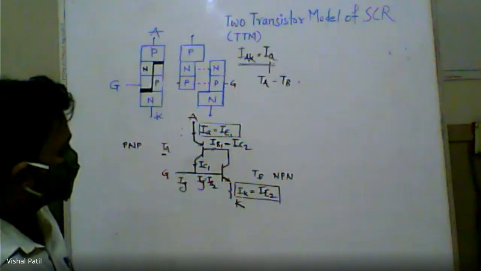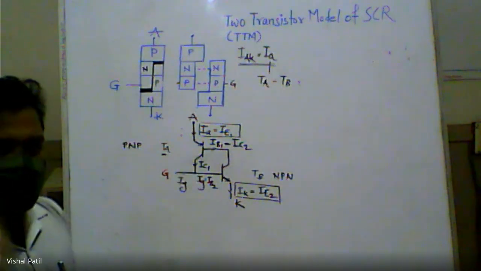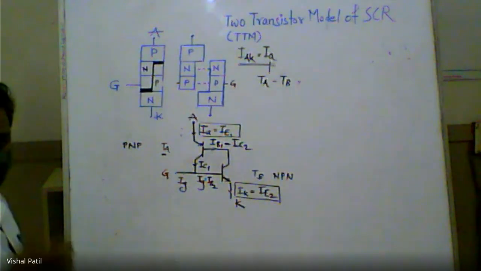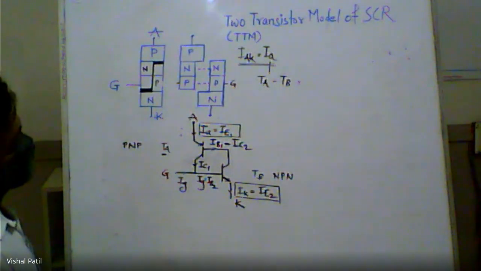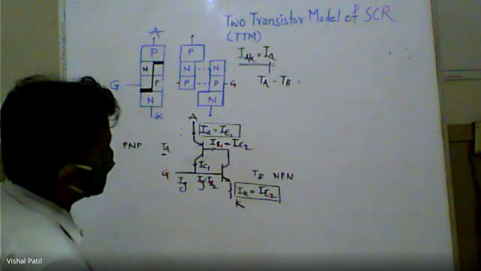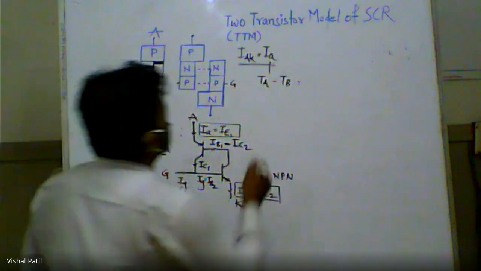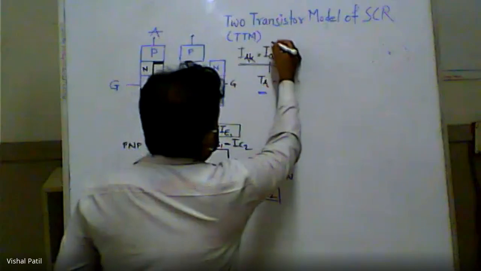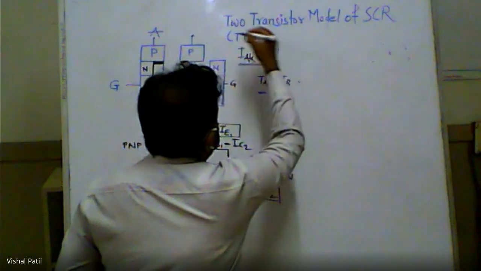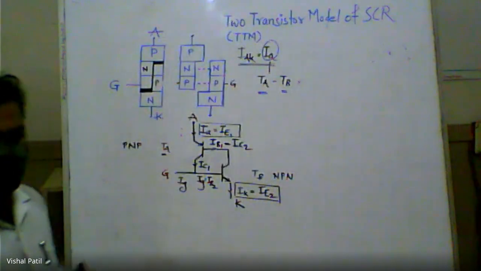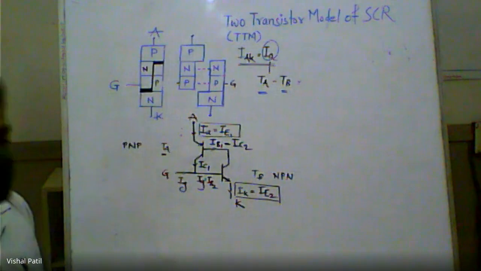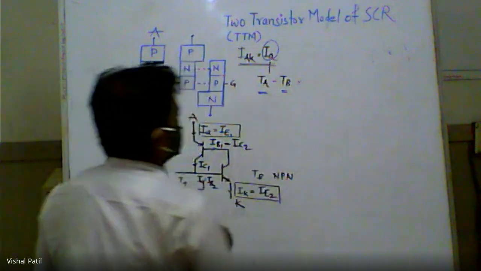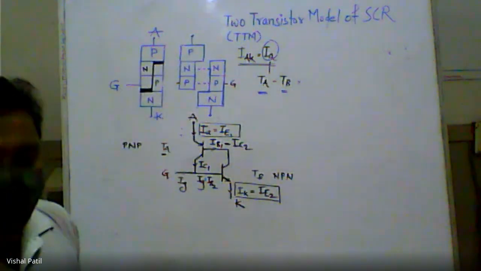Now, can anybody tell me? This is a very tricky question. Can anybody tell me among yourselves which parameter is important for a transistor? If I say the anode current of the SCR is contributed by the two transistors, it will contribute in terms of what?